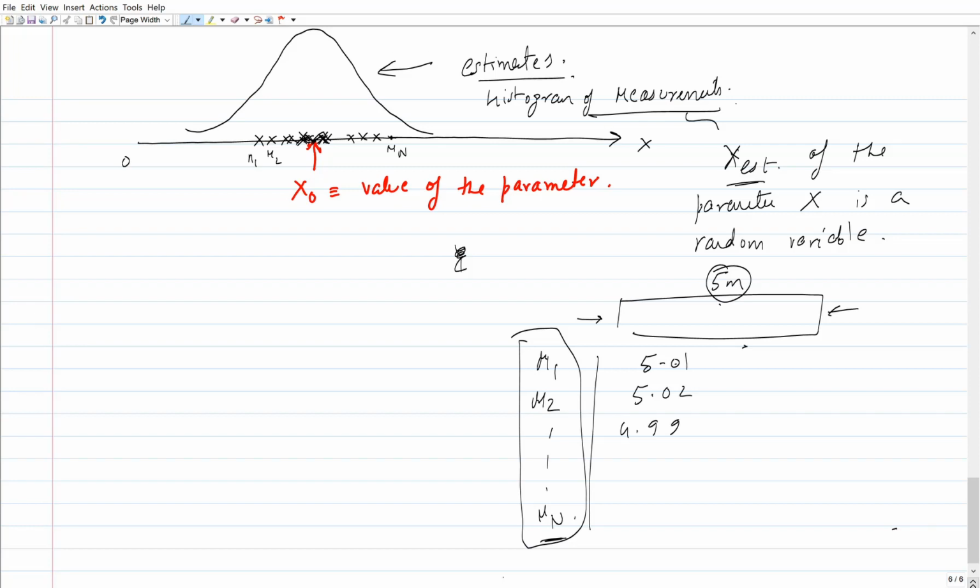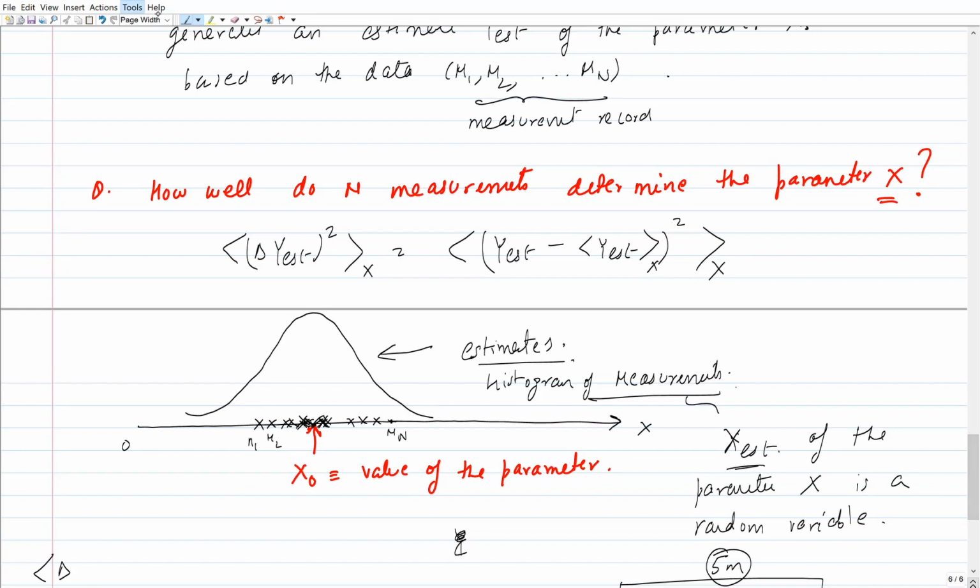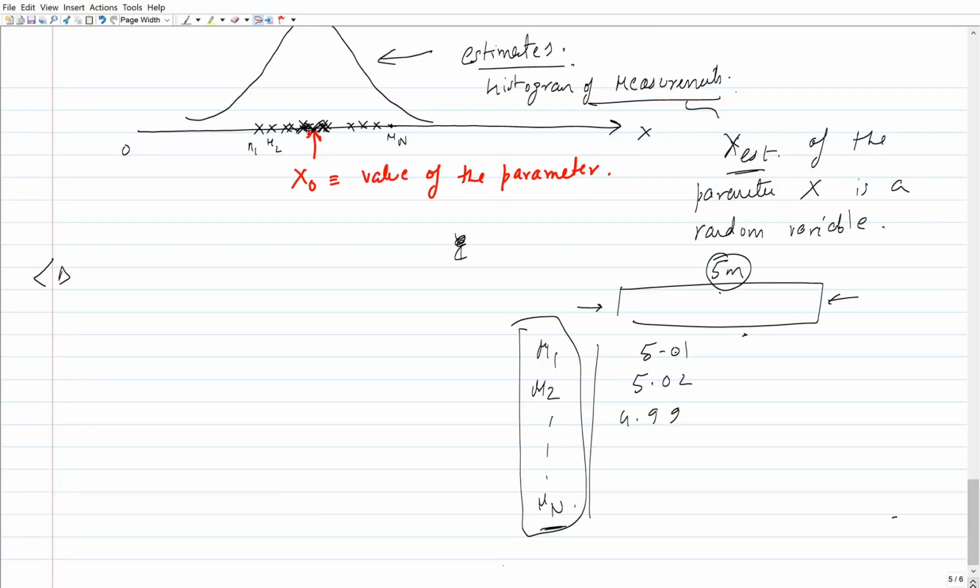So one of the ways to benchmark the quality of my estimation process, the obvious candidate so to speak, is what we've already mentioned. I'll just write it down again: the variance.